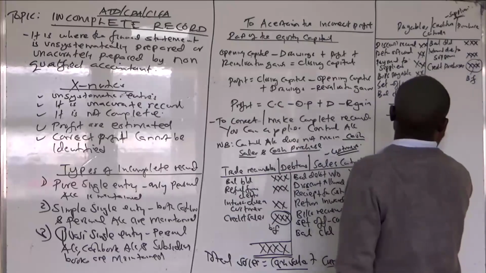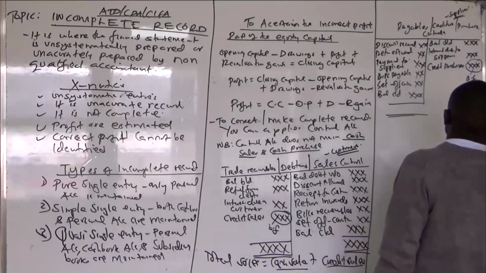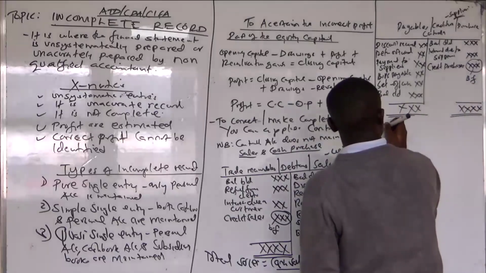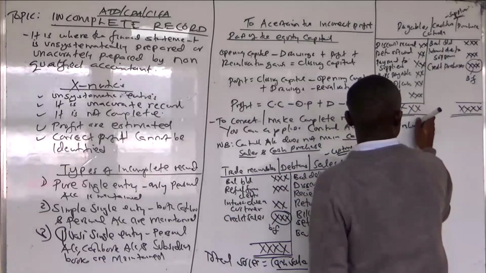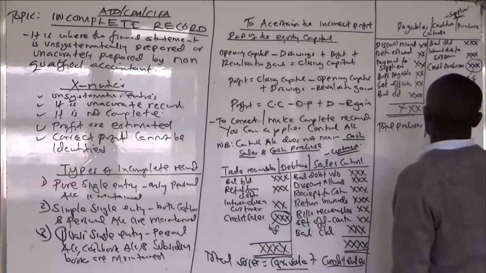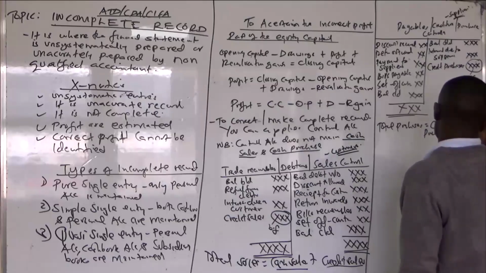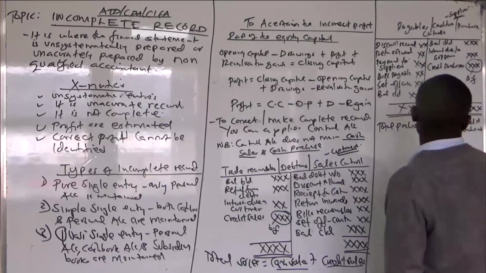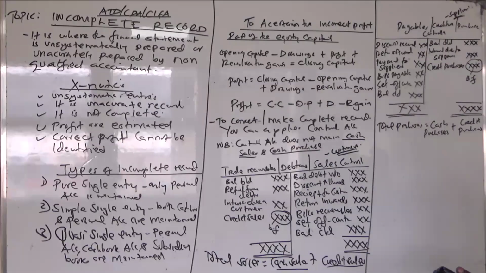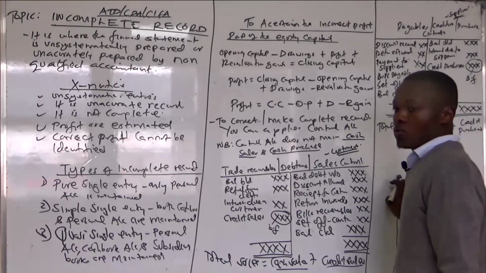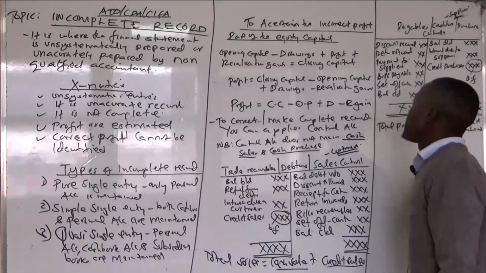So when you look at this closing balance, for you to get total purchases, you will take cash purchases, which do not affect the control account, plus credit purchases. To get cost of sales, you take opening inventory, add purchases.